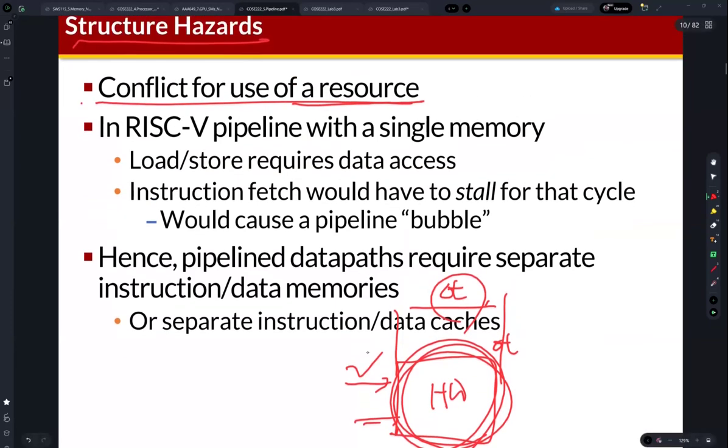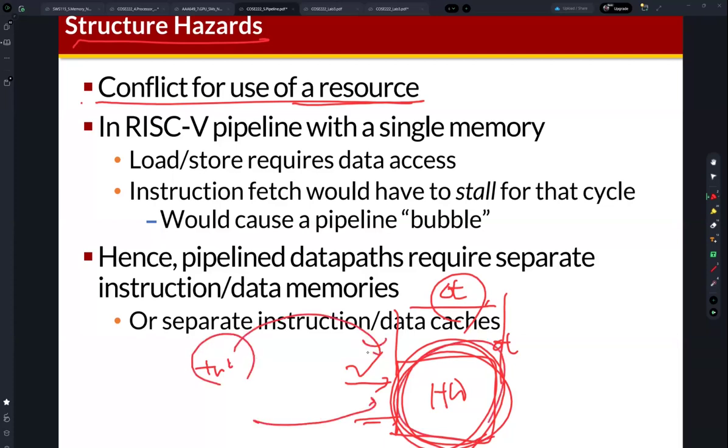So this is the structure hazard. There are multiple tasks trying to use the same hardware resource, but because this hardware resource is already occupied by a certain task, the other task cannot use it.